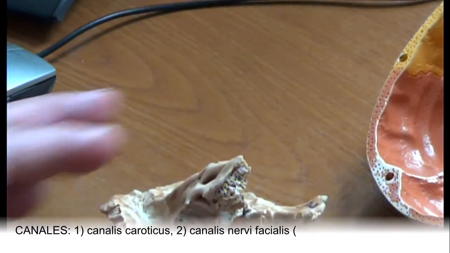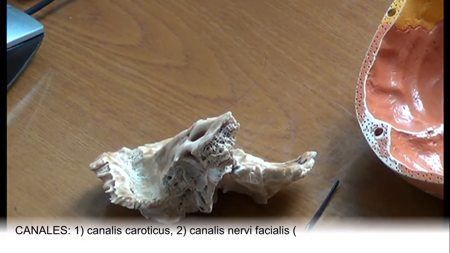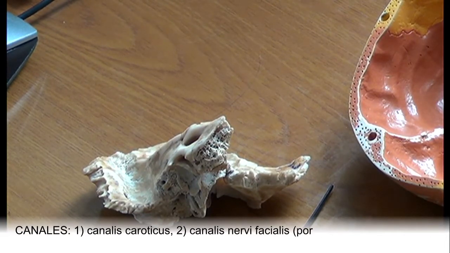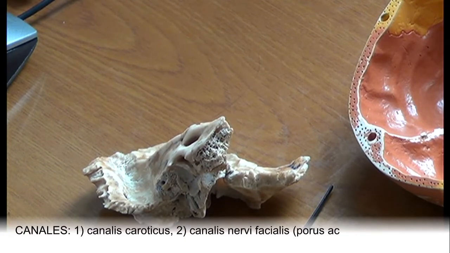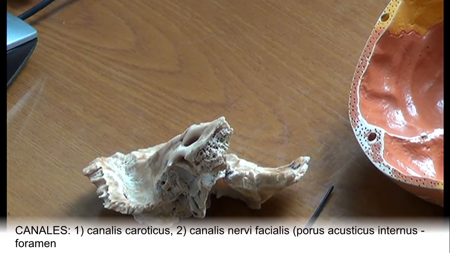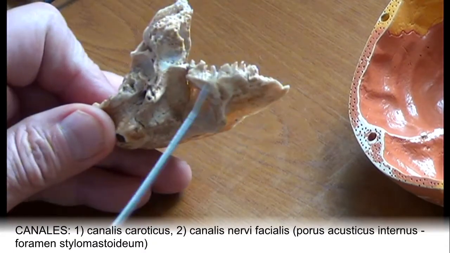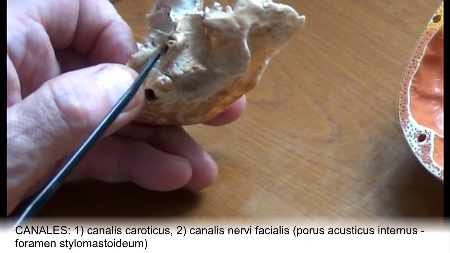It travels inside of the cavum tympani. So from porus acousticus internus to the foramen stylomastoideum.